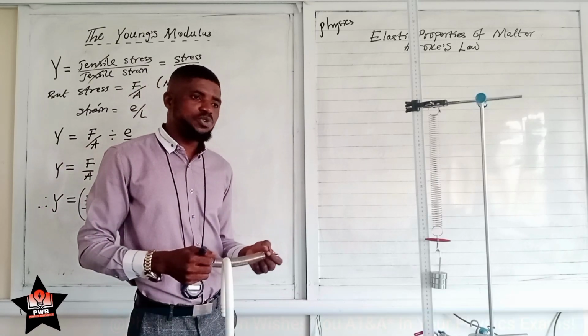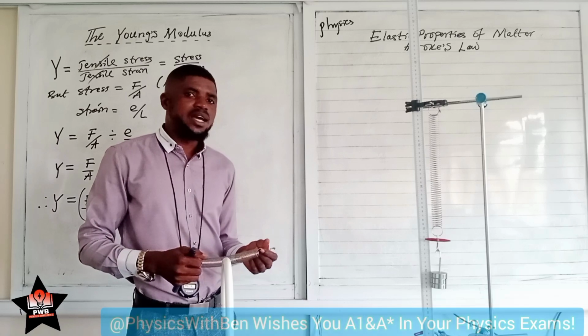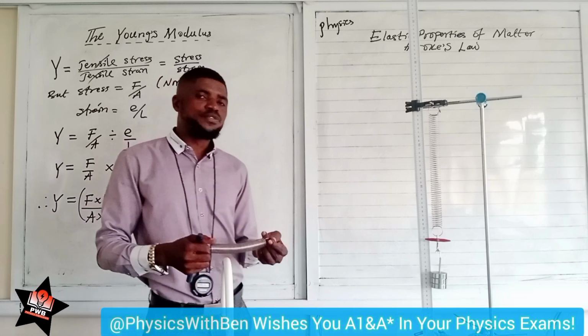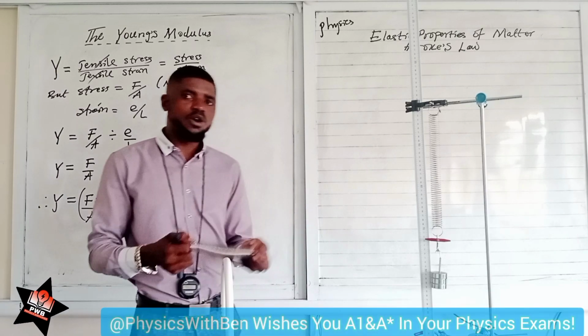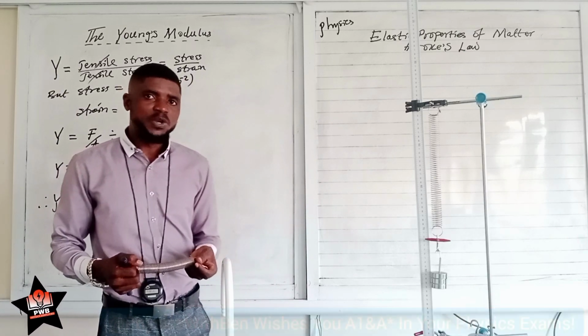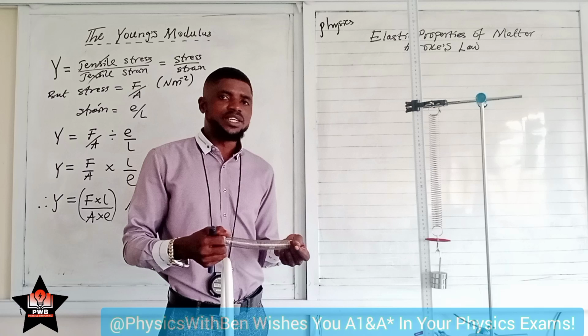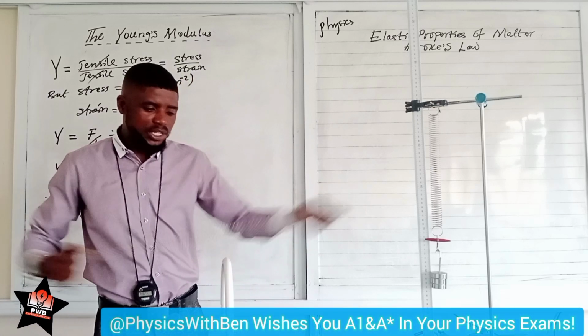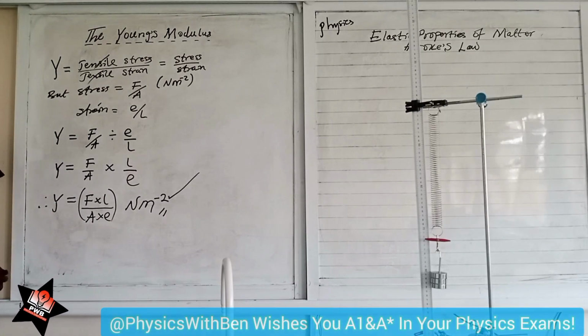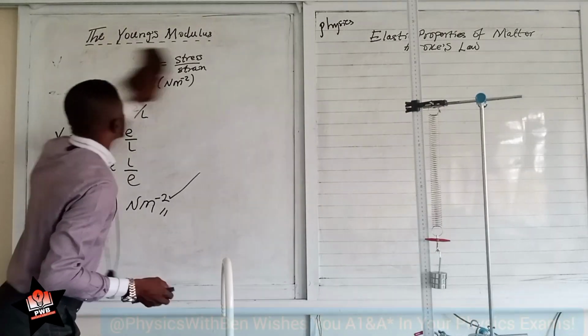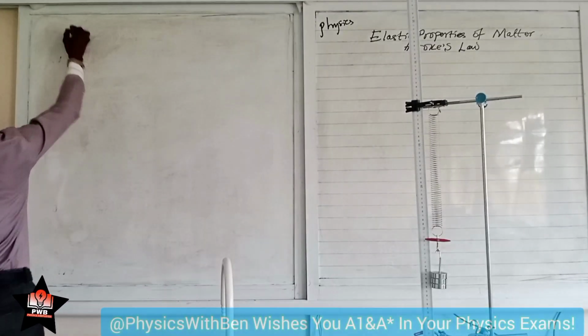In this topic, you also love to know that the law of conservation of energy is applied. The law of conservation of mechanical energy, where the kinetic energy is equal to the potential energy of the spring. So we write that. Are we good? Yes, we are good.